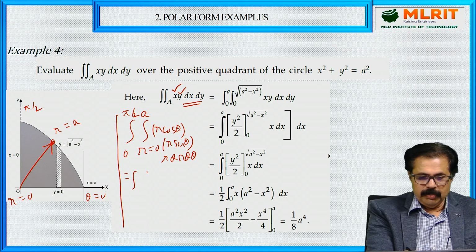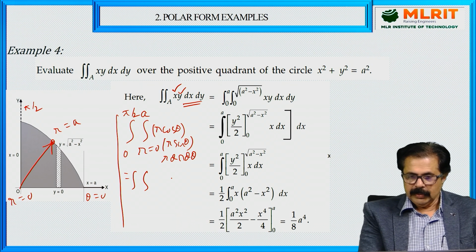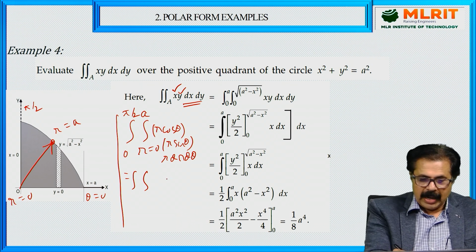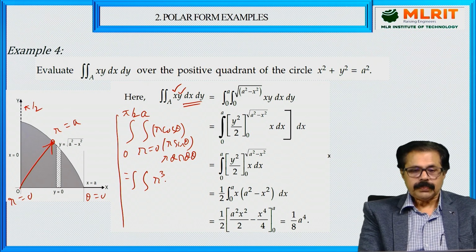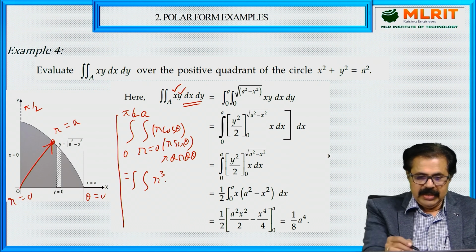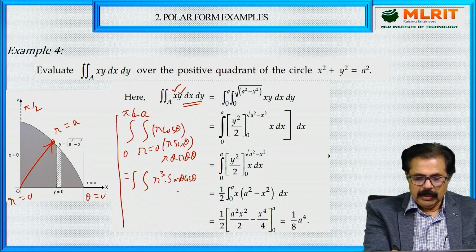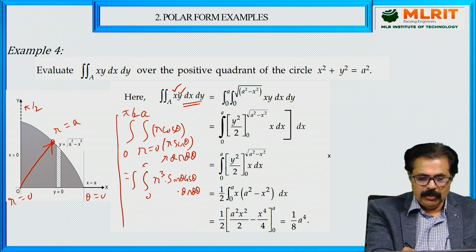Now try to simplify. We get r cube into cos theta sin theta, so sin theta cos theta into dr d theta, with r from 0 to a and theta from 0 to pi by 2.